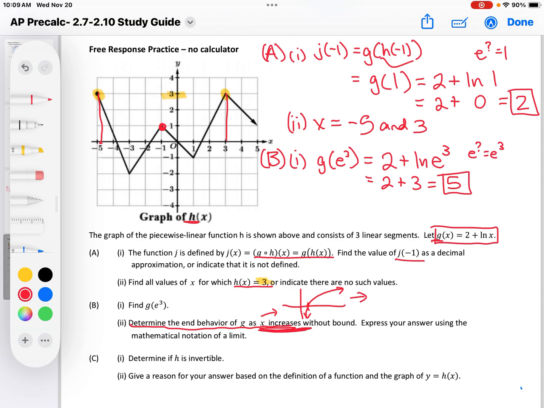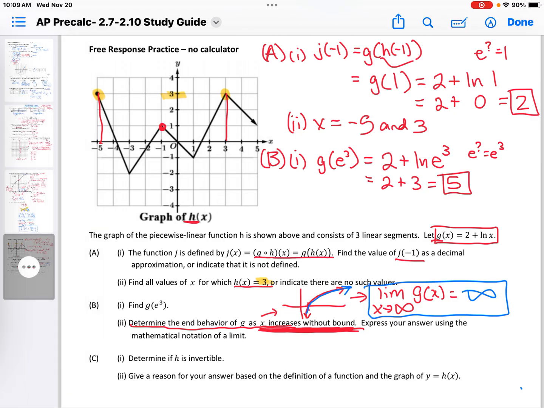So it says, what is the end behavior as x increases without bound? So that means limit as x goes to infinity, because if you're increasing without bound, your x goes on forever. We must give it a function named g of x. And as you can see from our graph, as our inputs go on forever to infinity, the outputs are just going to keep on rising. So that limit is infinity.